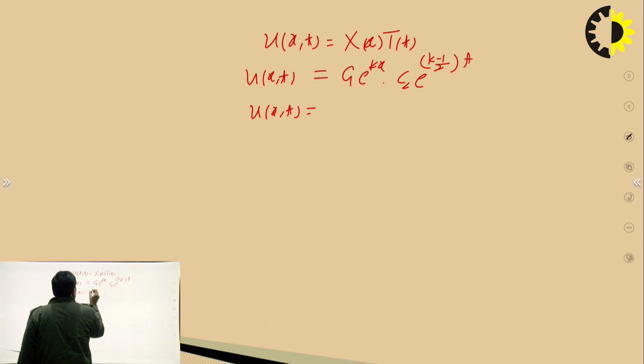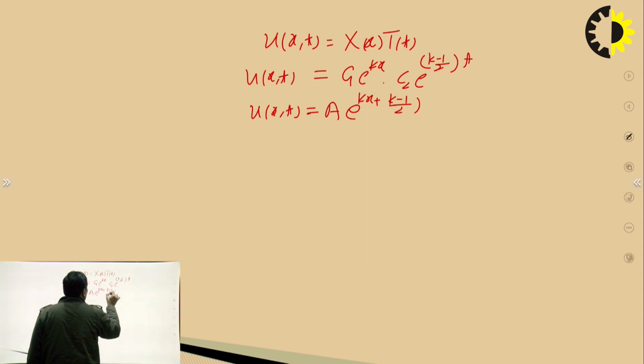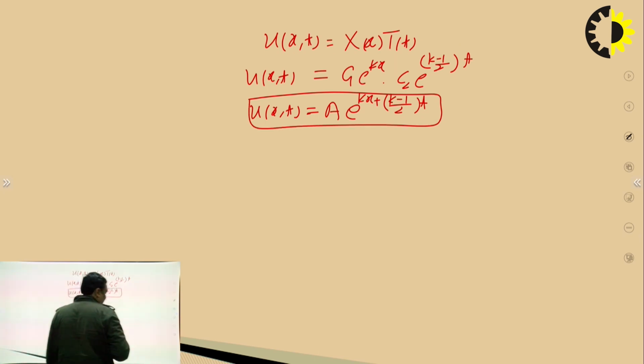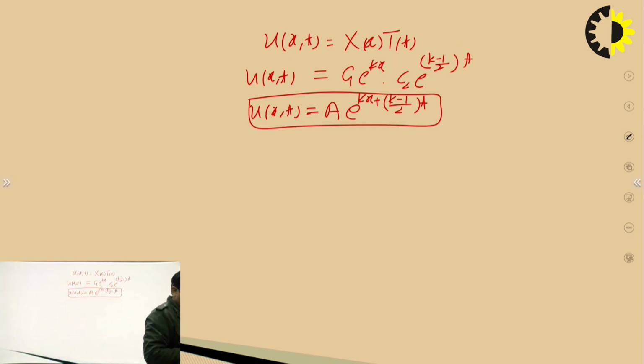In multiplying form C1 C2, which is finally resolved into one constant: a e to power kx plus k minus 1 by 2 t. Now, the final solution will arrive, but it is not actually final because a condition is also given.